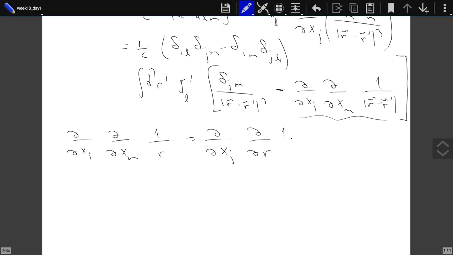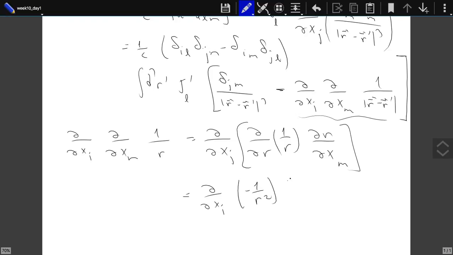So this is the derivative with respect to r of 1 over r, multiplied with the derivative of r with respect to x_m. Which is ∂/∂x_j times minus 1 over r squared ∂r/∂x_m.